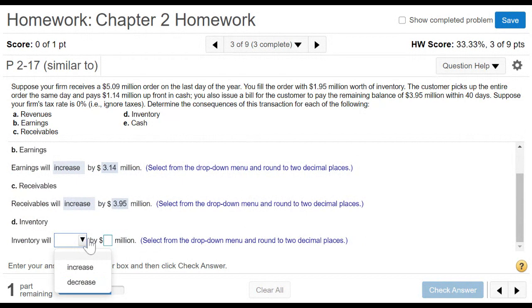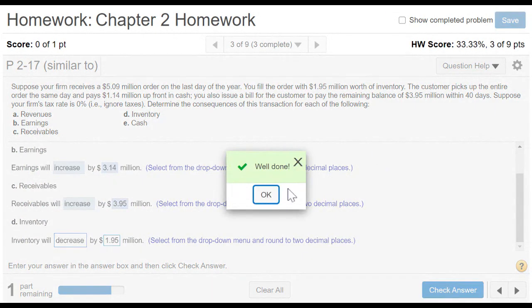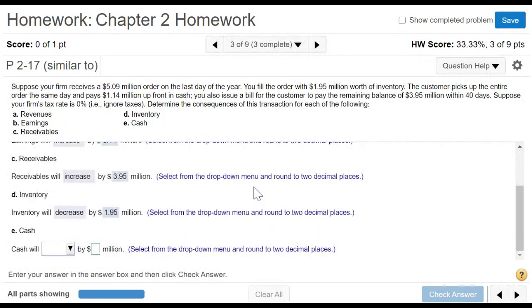Inventory, decrease or increase? Decrease. 1.95. Cash. What happened? They gave us money or they took money? Increase. Increase by 1.1. All right.